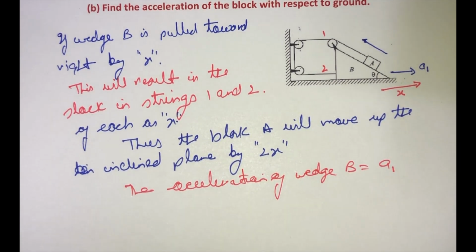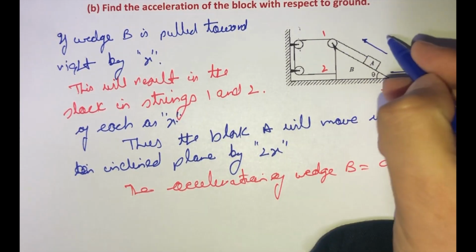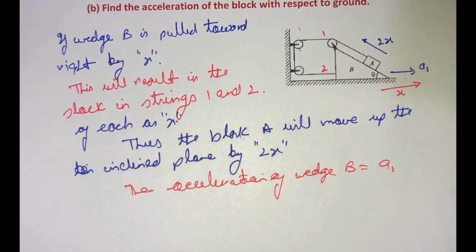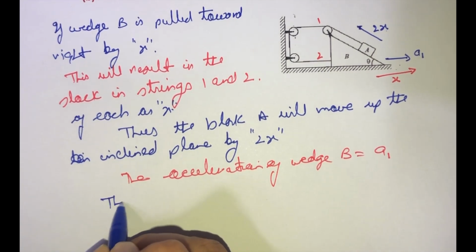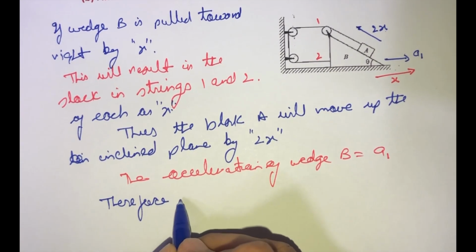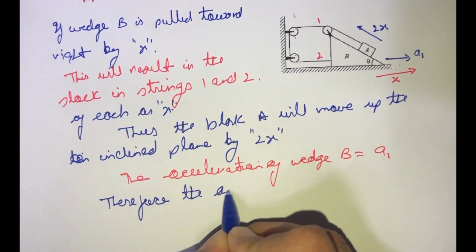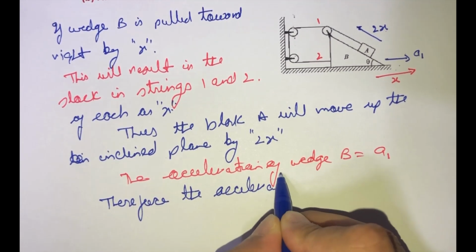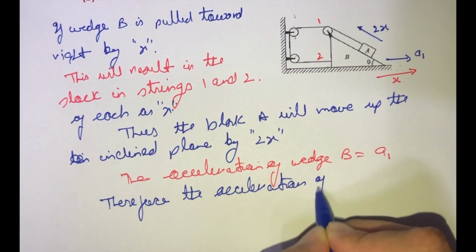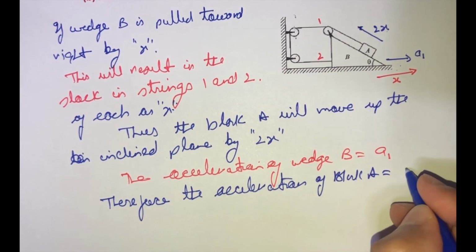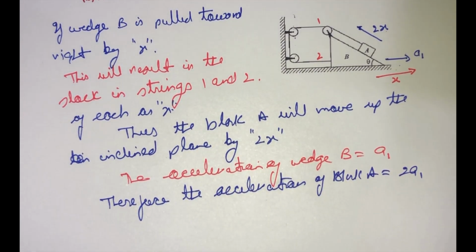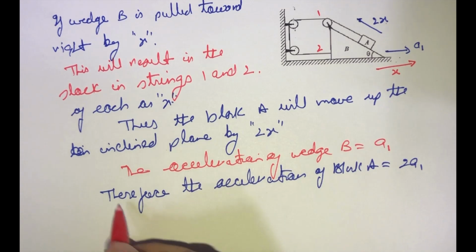Then the block will be moving by 2x, so we can say that the acceleration of block A will be equal to twice A1. So this completes our first part.